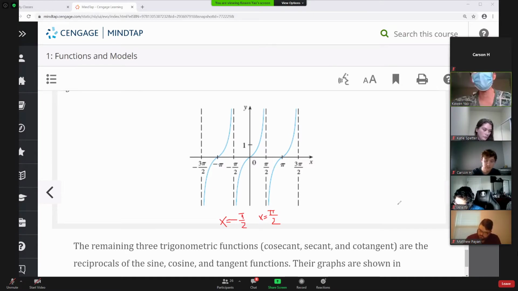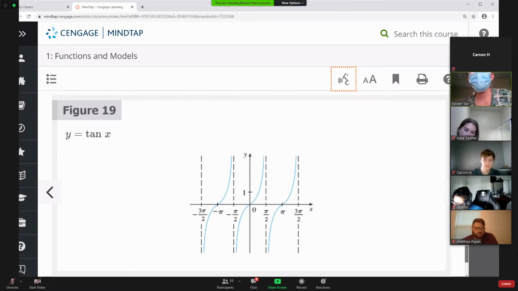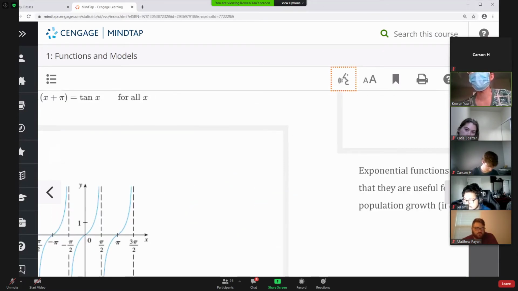And tan is odd because the graph is symmetrical with respect to the origin. We have learned them, very easy to remember. So this is sine, cosine, and tangent. Let's go to the next page.